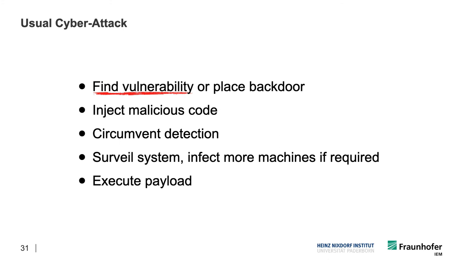But if you look here at the line that I underlined, it all starts with a vulnerability, right? So if we had ways to detect and avoid vulnerabilities, all the rest would not work anymore, right? Or at least it would become a lot harder. I think we are a long way away from getting systems that are even just close to 100% secure.